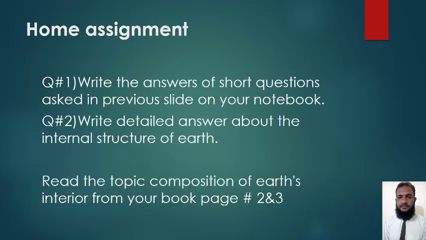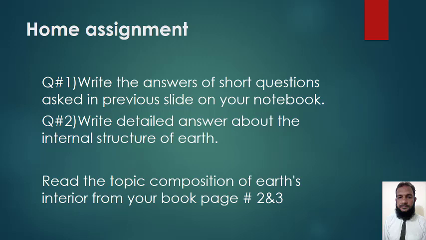Question number 2. Write detailed answer about the internal structure of Earth. I have discussed about the internal structure of the Earth, which are the 3 major parts of the internal structure of Earth: crust, mantle, and core.